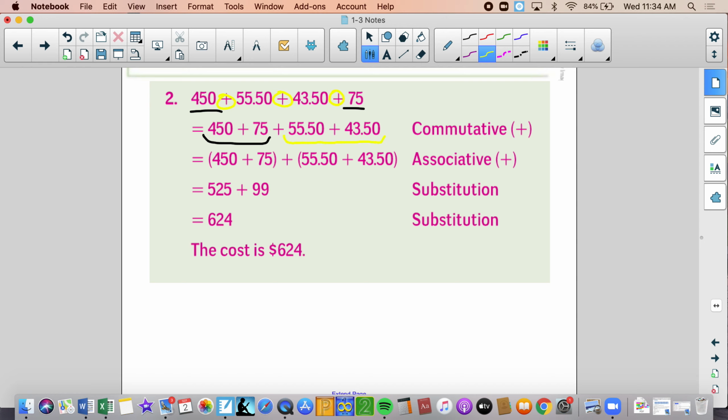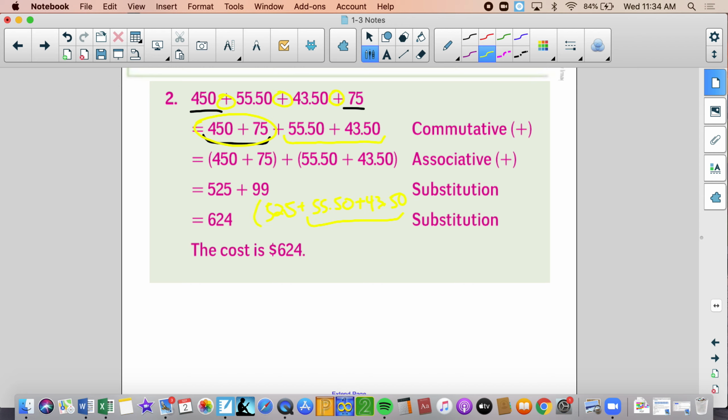So typically, the order of operations tells me I would have to add that one first, and then we get 525 plus 55.50 plus 43.50, and order of operations would tell me to add those two next, but I don't want to. I want to add these two. So that would be the associative property. I'm shifting the parentheses.